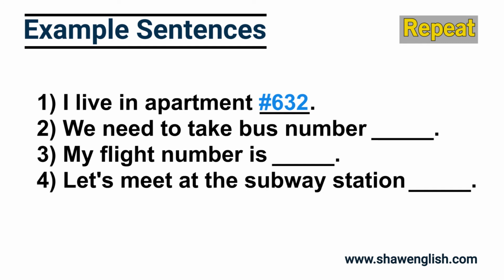We need to take bus number 3333. Number 3, my flight number is 1709. My flight number is 1709. And number 4, the last one. Let's meet at the subway station number 465. Let's meet at the subway station number 465.